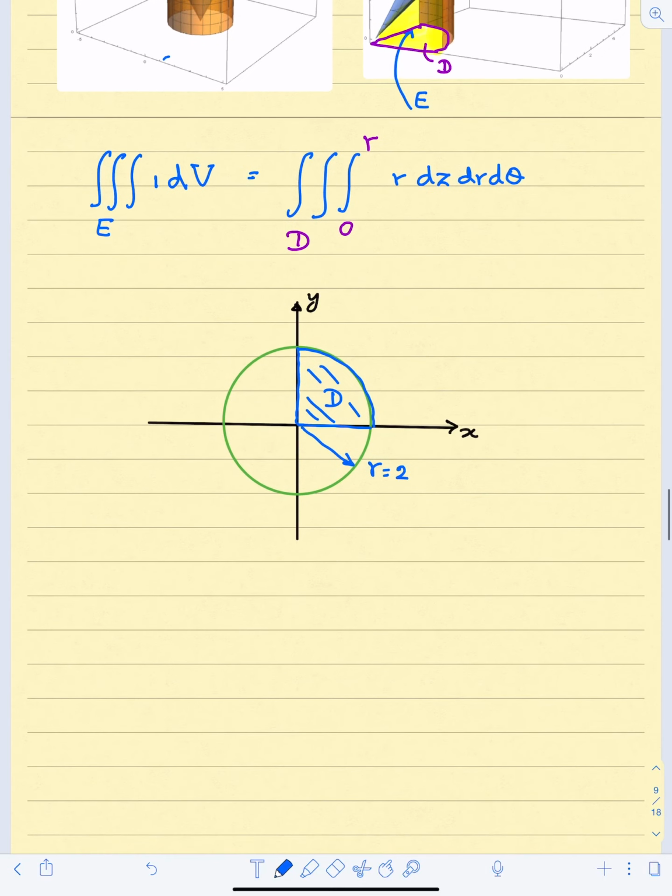So now the volume integral becomes: this middle integral corresponds to the r variable. r goes from 0 to 2.